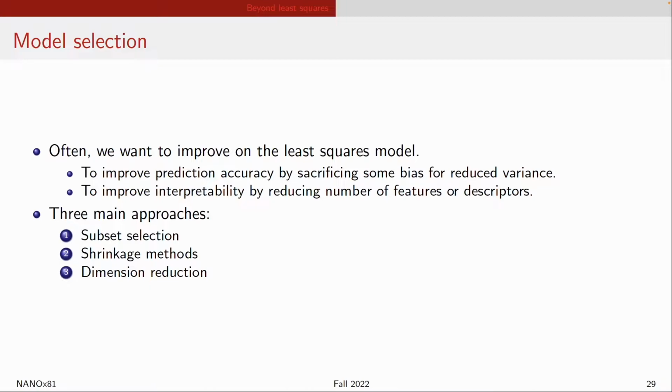What shrinkage means is that it tries to shrink some of your coefficients down to 0, and then by definition, those features don't feature in your model at all. Dimensionality reduction just means that given a set of features with n dimensions, can you find a lower dimensional space in your feature space that actually represents most of the variance in your data.